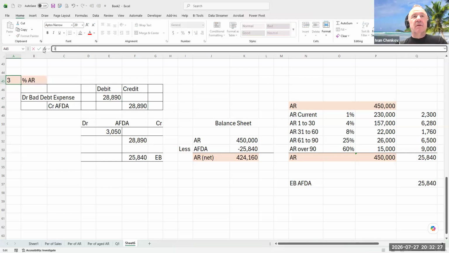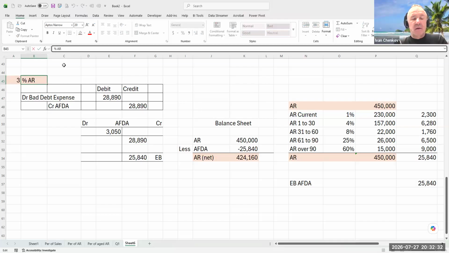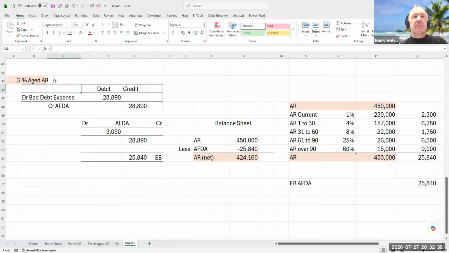That will be number 3, percentage of the aged accounts receivable, and we can paint it in a different color, which will be this color here. So in that case, my net accounts receivable will be 424,160.